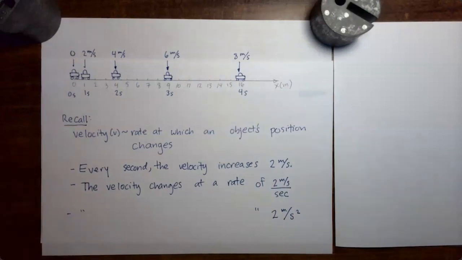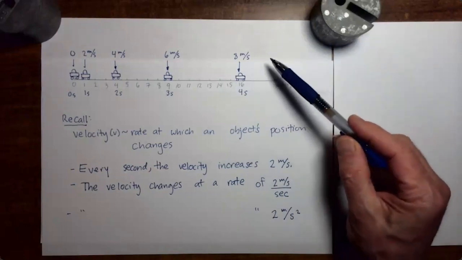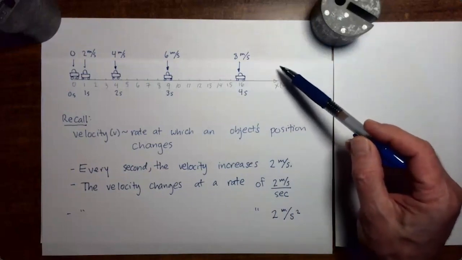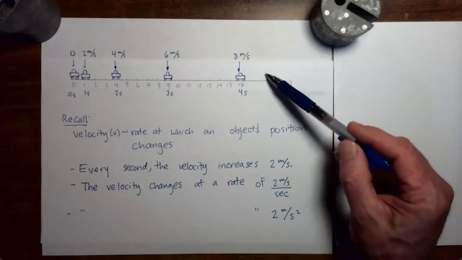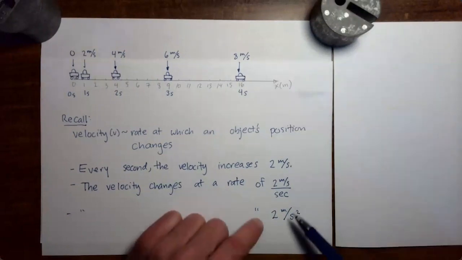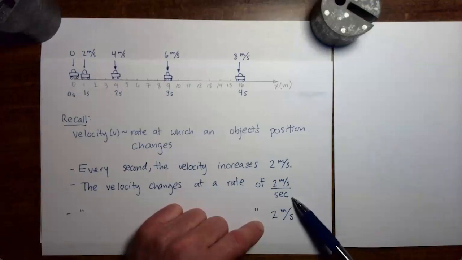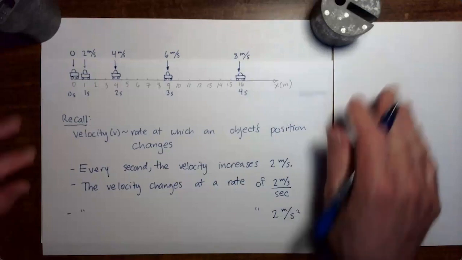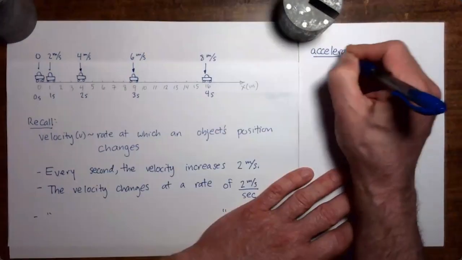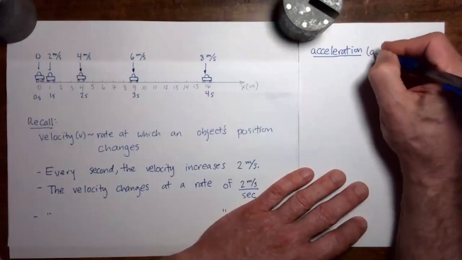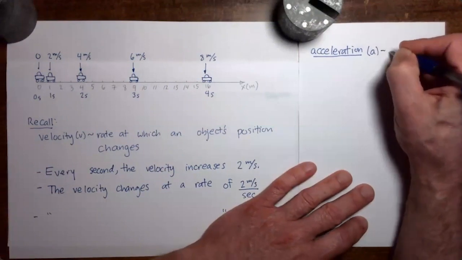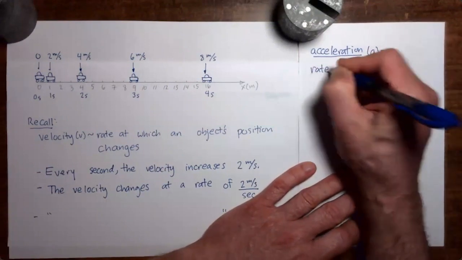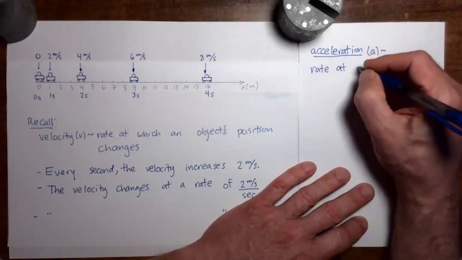Okay, so far we have seen that the velocity of an object can change at a particular rate. And for this car in this scenario, that rate is 2 meters per second per second, or 2 meters per second squared. Let's give a name to the rate at which the velocity changes. Let's call that the acceleration. So the acceleration, the symbol is a, is the rate at which an object's velocity changes.